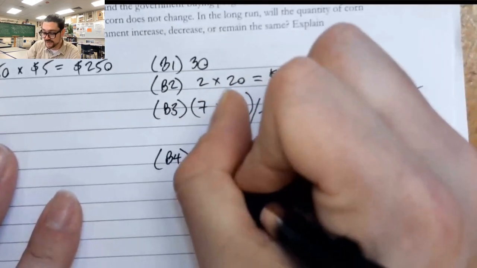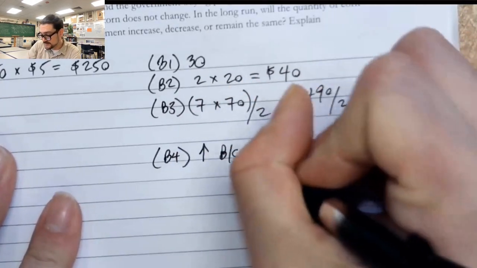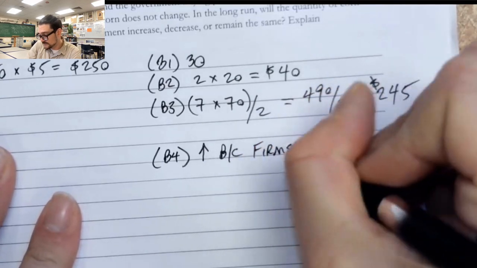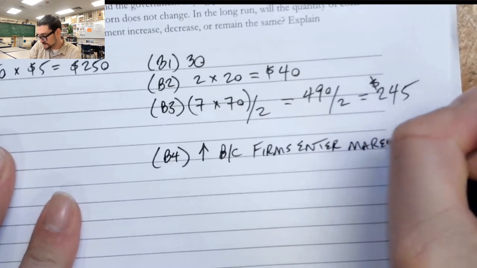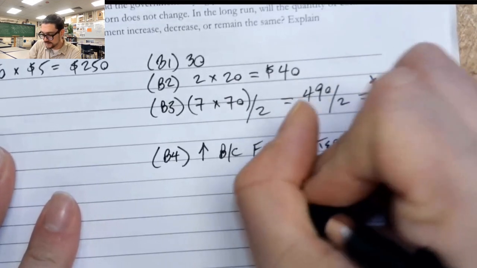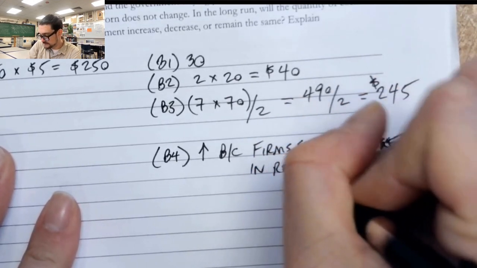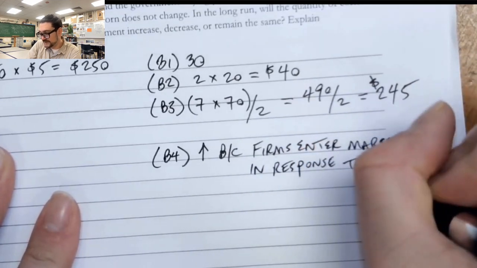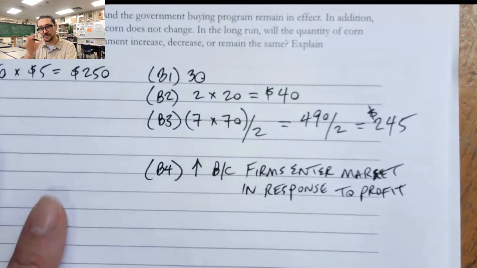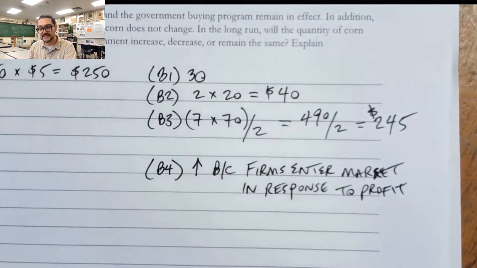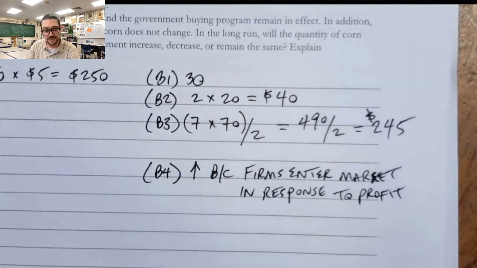Well, it's going to increase because firms will enter the market in response to profit. And so as those new firms produce more units, there's going to be a rightward shift of the supply curve, and that's actually going to cause there to be more units produced, and therefore the government's going to end up actually buying more units.